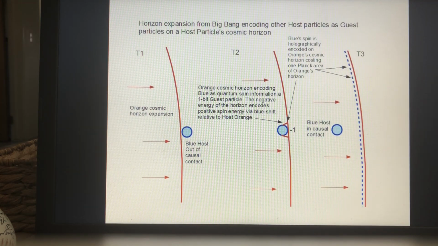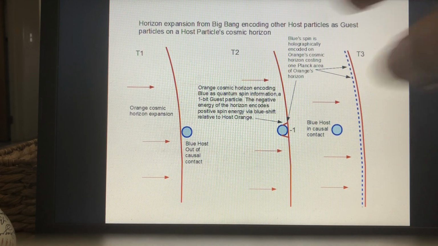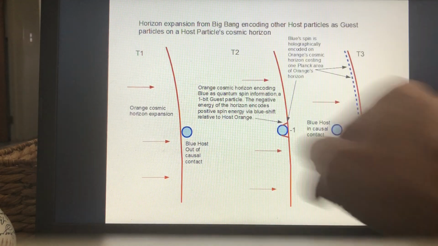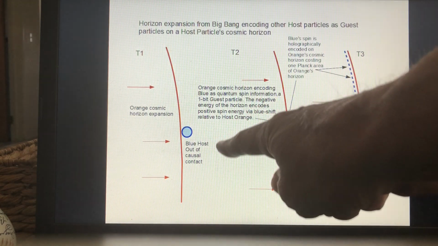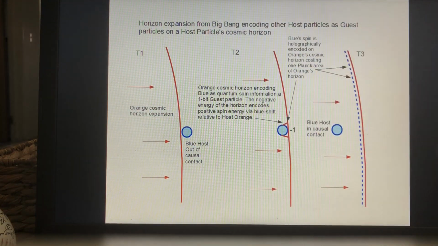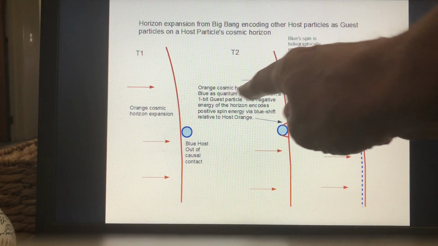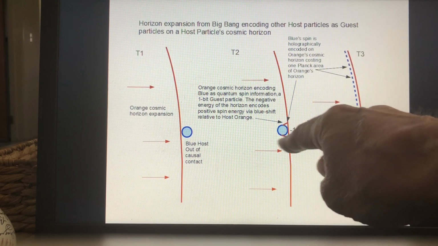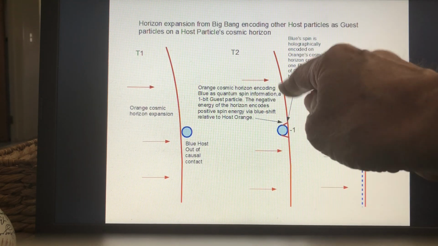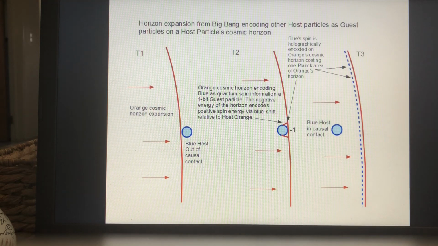And this is how an expanding cosmic horizon encodes another host particle's spin and creates a guest particle out of it. So here we have orange's cosmic horizon expanding, blue is out of contact, but it's flowing across. And now orange's cosmic horizon is starting to bend around blue here. And remember, this horizon here is relative to the host particle.